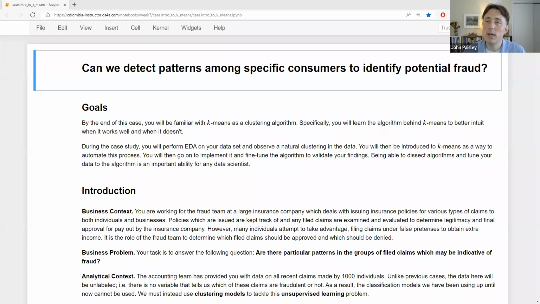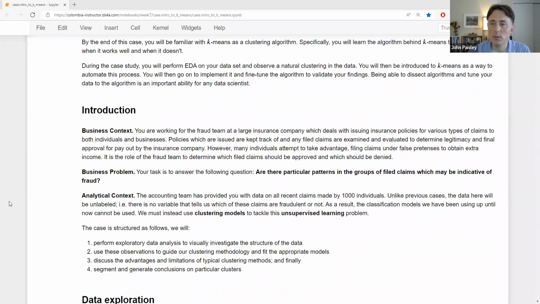So rather than looking at the data with your eyes and trying to determine how many different groups to split this data set into, we're going to discuss an algorithm that can do that for you. We'll then implement and fine-tune the algorithm to validate our findings, because being able to understand what's going on with an algorithm is crucial for a data scientist.